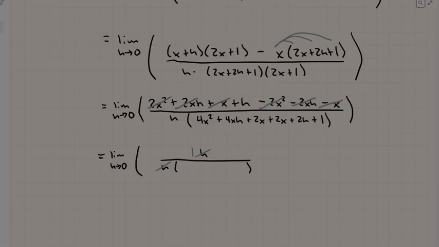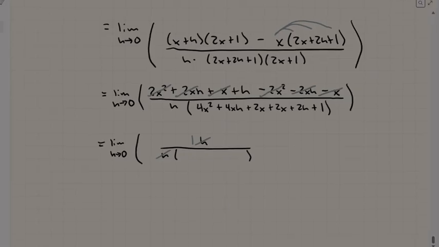And so then what's left, we got to combine any like terms if we see them. So we got 4x squared plus 4xh plus 2x plus 2x, that's 4x, plus 2h plus 1. Okay.